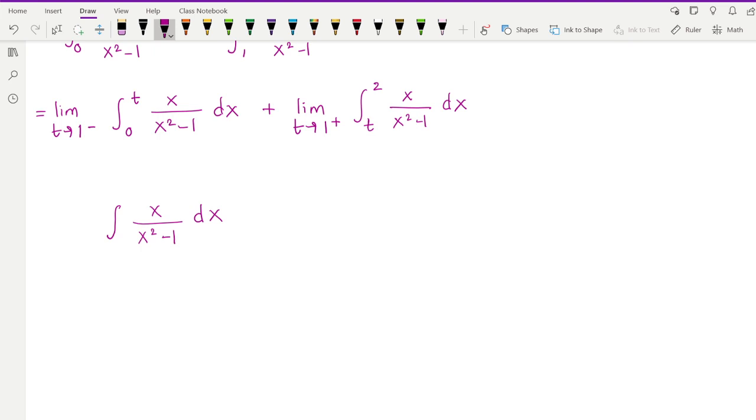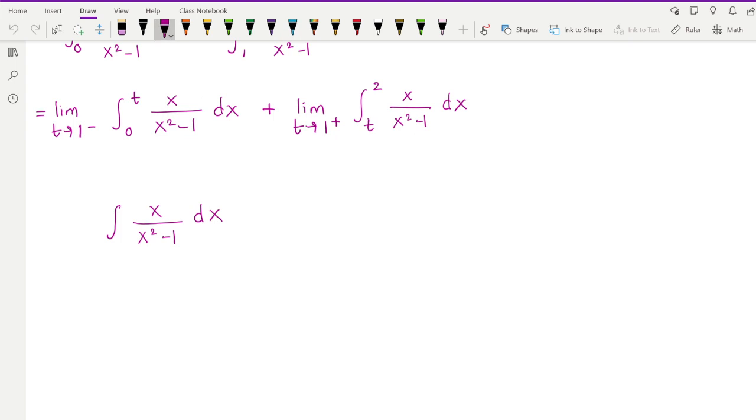So generally speaking, I would recommend if you see that the integral within your improper integral is something where you would want to use substitution, I would recommend that you make it an indefinite integral, find the antiderivative, and then put that back in. So just kind of focusing right now on evaluating this as an indefinite integral.